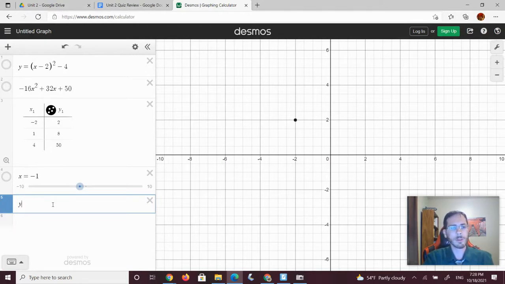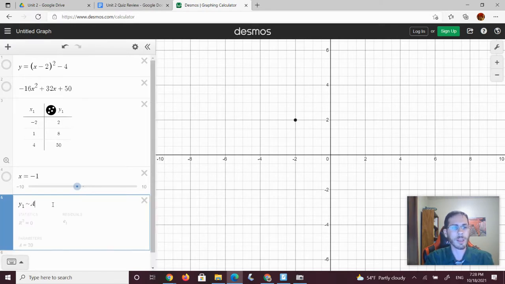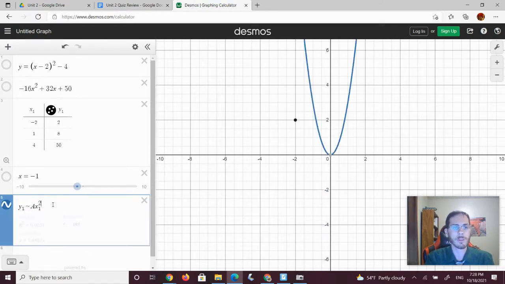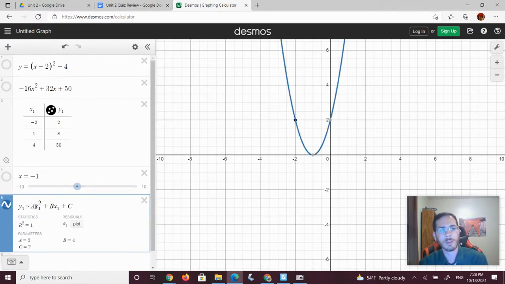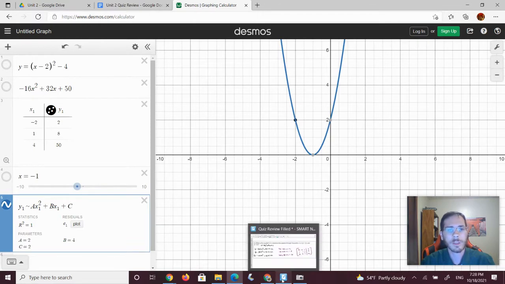So y1 tilde ax1 squared plus bx1 plus c. Again, this is much easier on the TI. Okay, well, that's not too bad because it is standard form. We just got to remember the little ones after it. And it gives us our parameters. A is 2, B is 4, and C is 2.